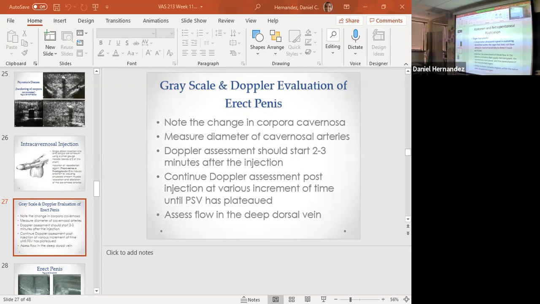We're able to detect ischemic regions within the native and transplanted organs. This shows a pancreatic transplant, and we see enhancement throughout the entire organ.